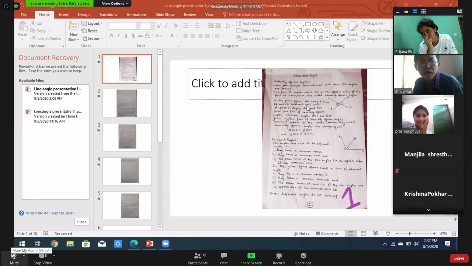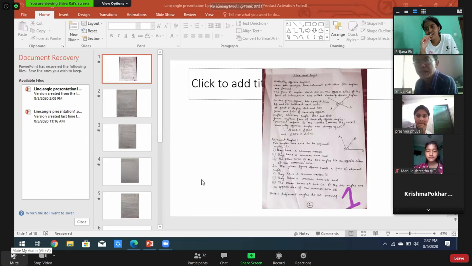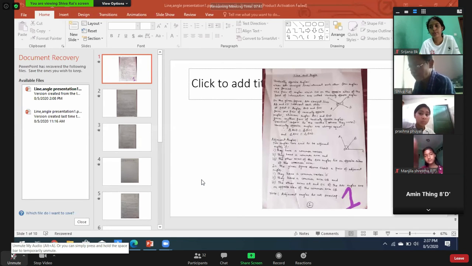Amisha Dakal. Yes, sir. Okay. Question number 2, look here, page number 8. Find the value of x, y, and z from the given figure.